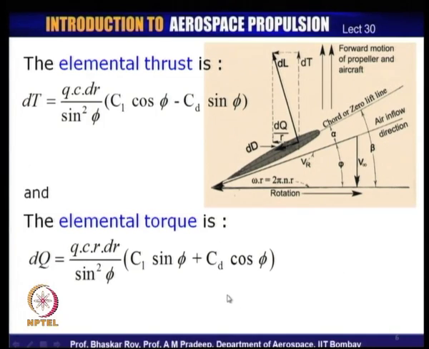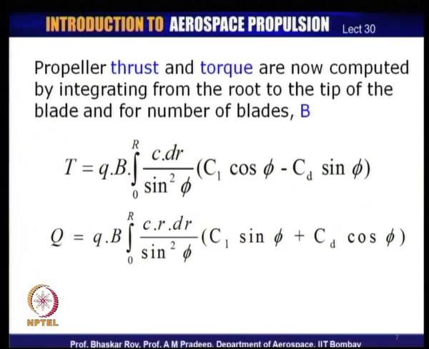So, the elemental thrust and the elemental torque can now be written down in terms of the characteristics and geometry of the aerofoil and the flow which is coming in at an angle phi. These are the things that are built into the equations that create the elemental thrust and the elemental torque.